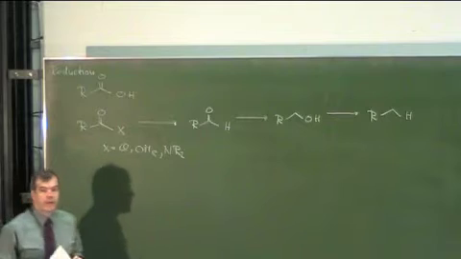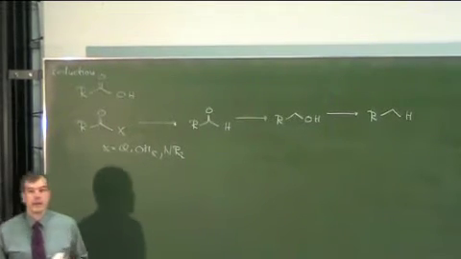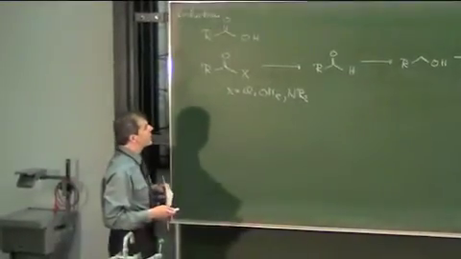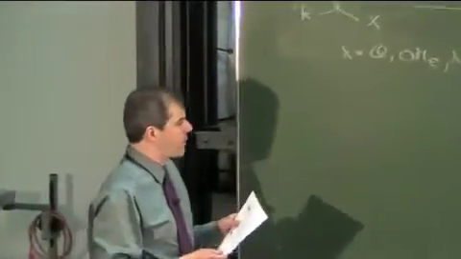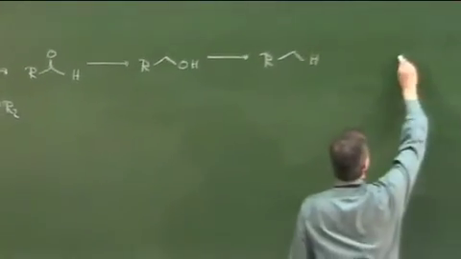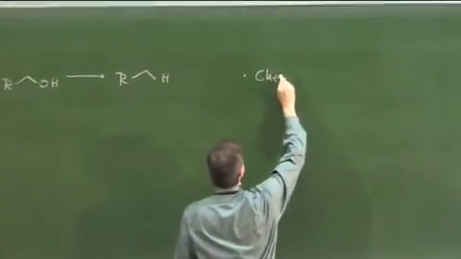And as we have discussed already when we talked about alkyl lithium and alkyl magnesium compounds, one of the key features, or one of the problems you would like to address, is chemoselectivity.